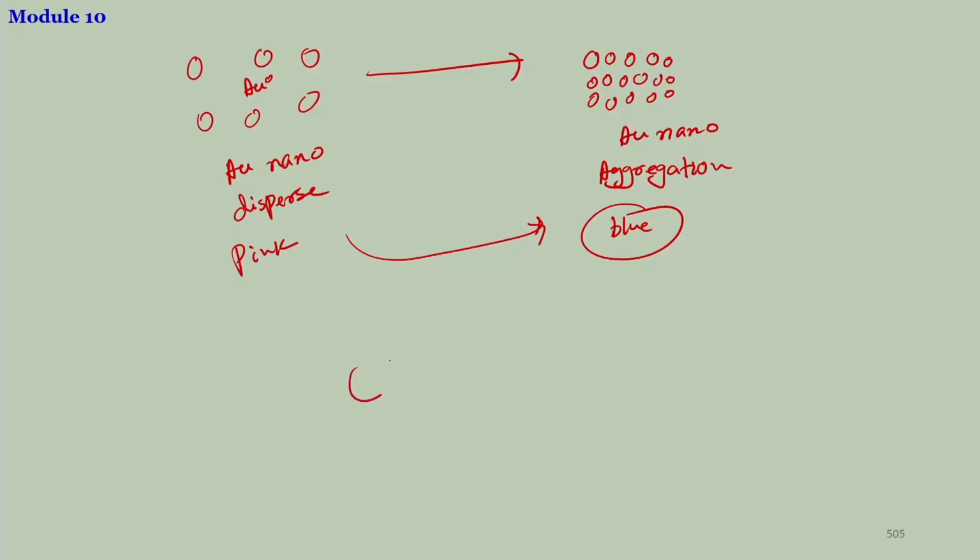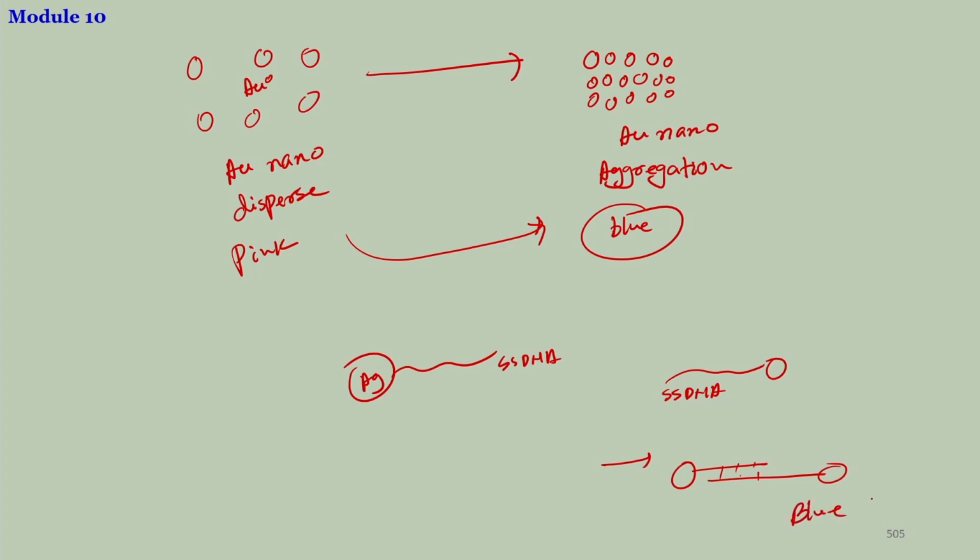For example, if one gold nanoparticle you attach with a single stranded DNA and another gold nanoparticle you attach with another ssDNA, single stranded DNA. If these two are complementary, then you will have hybridization, perfect hybridization, and that will give you aggregation. So, it will show you blue color.